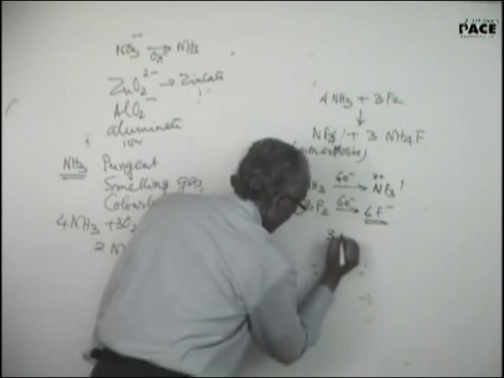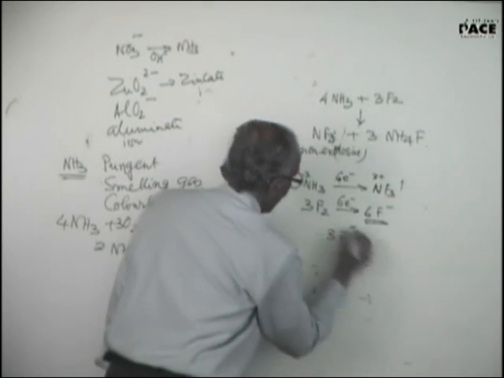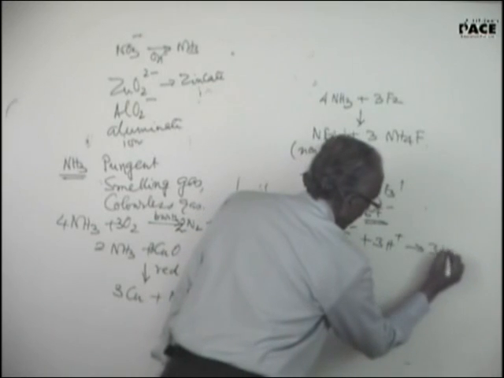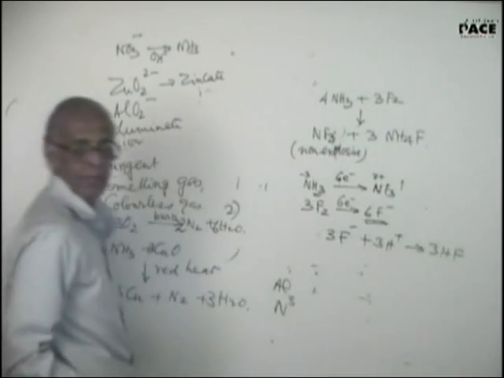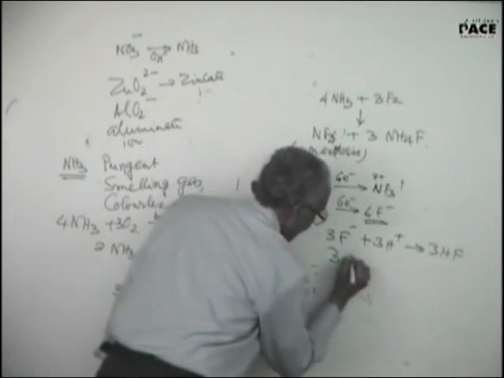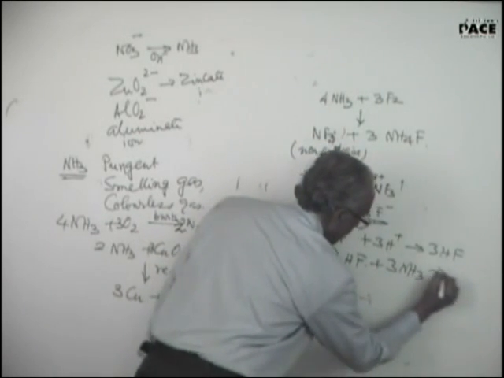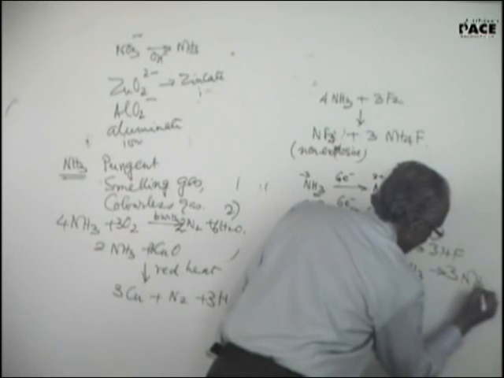And 3 fluorides are combining with 3 H plus to form 3 HF. And 3 HF plus 3 ammonia gives you 3 ammonium fluoride.